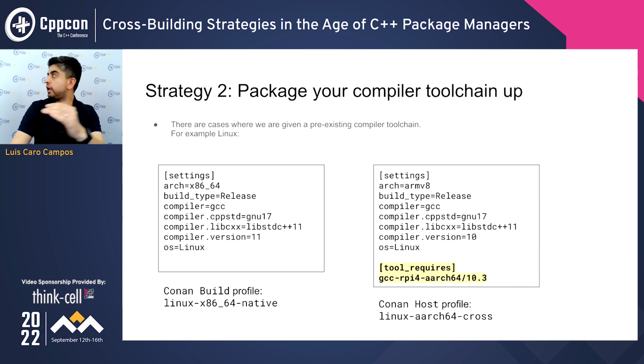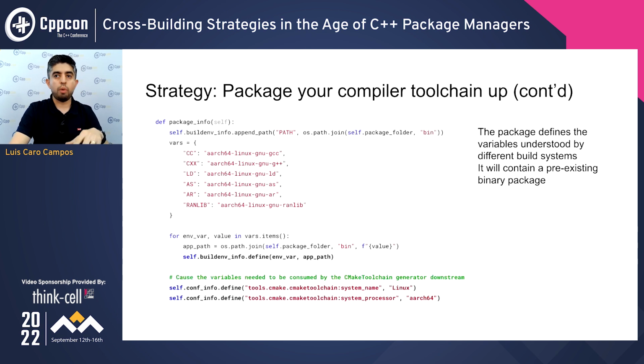And what you can do here is a profile like this, which is going to cause Conan to load that package whenever it needs to build anything. That's what tool requires means in this instance. And that package has information that it propagates to consumers when they're using it to build something.